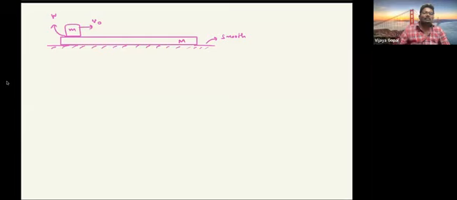Anyone? See, actually, obviously, initially slipping will be there. Acceleration on this one is fixed, and acceleration on this one is also fixed. So, can you tell me what is the acceleration of this one?